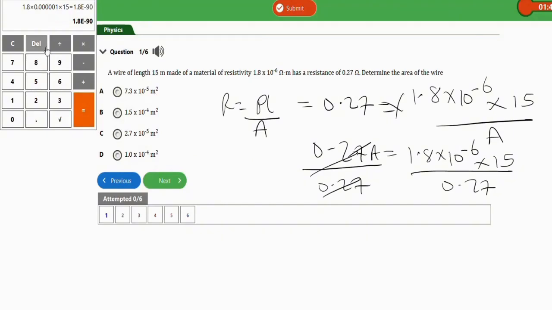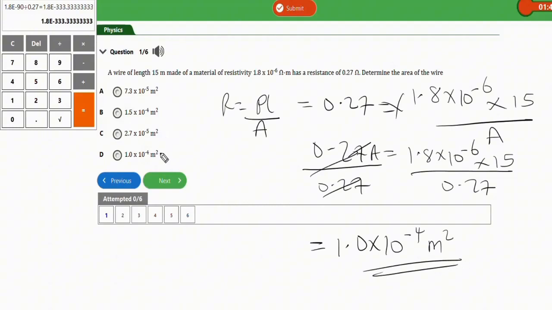Divide everything by 0.27. So we have the output to be this value. Note that in the scientific calculator, this is equivalent to the output we are seeing on this JAMB calculator. It's equivalent to 1.0 times 10 to the power negative 4 meter square. So the correct option in this question is Option D. Alright, so that's it for this question.